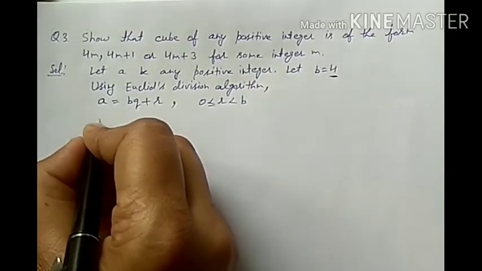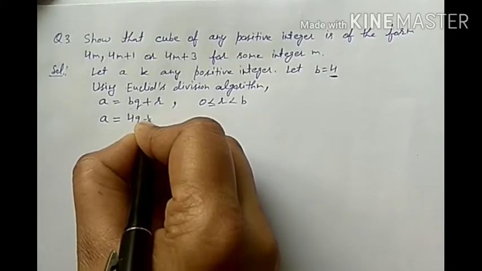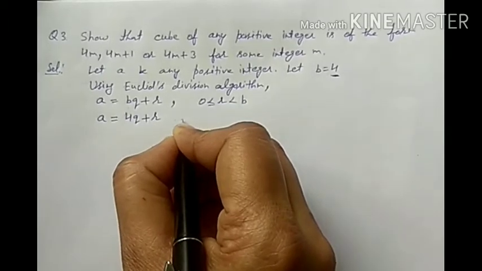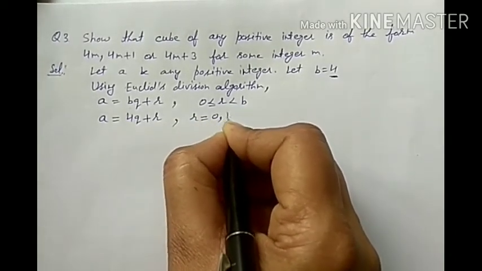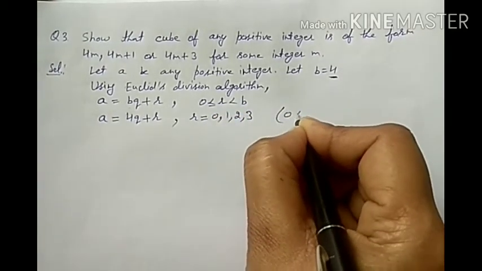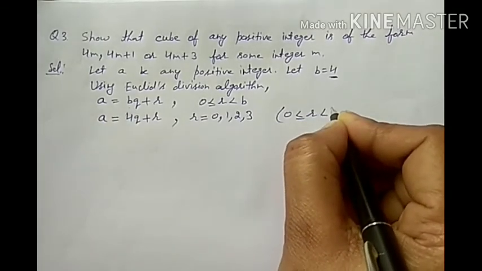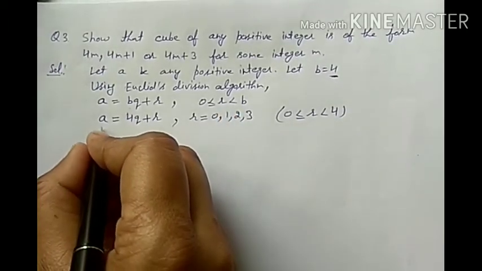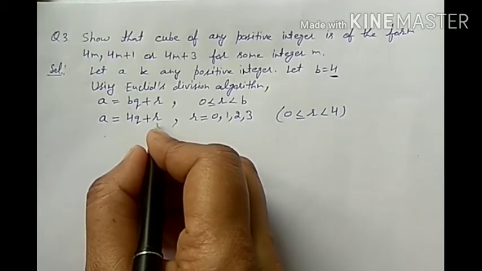Now according to our question, a will be equal to 4q plus r, and here r will be 0, 1, 2, 3, because r is greater than or equal to 0 and less than our divisor. So it means r can be 0, 1, 2 and 3.